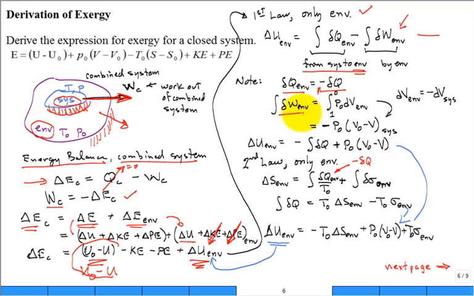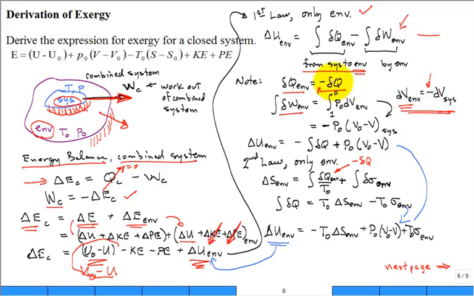So if there's a heat transfer into the environment, it came out of, look at the negative sign, the system. If there's a work transfer and it's only a boundary work between the system and the environment, then if there's a volume change, like the volume of the environment expands, then the system has to go down by the same amount. So there's a relation in the volume change between the system and the environment.